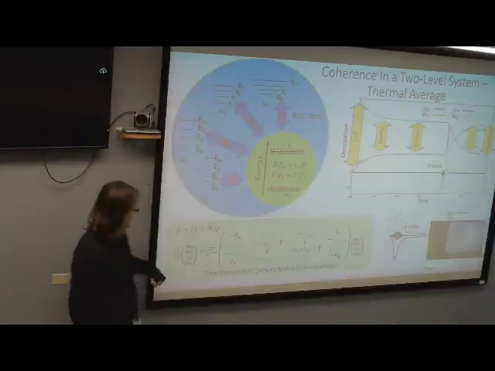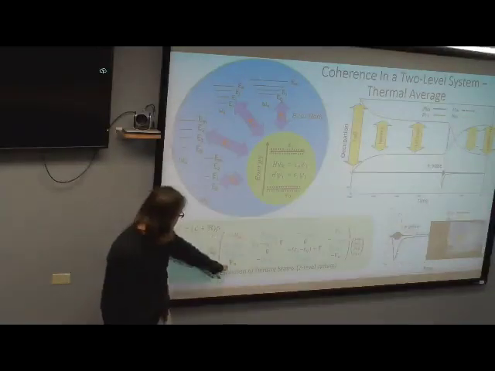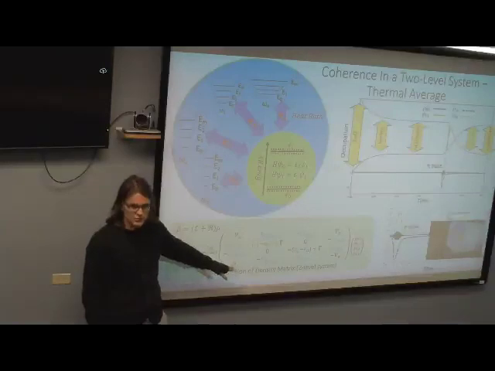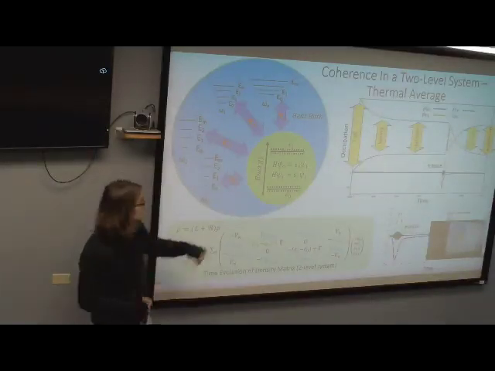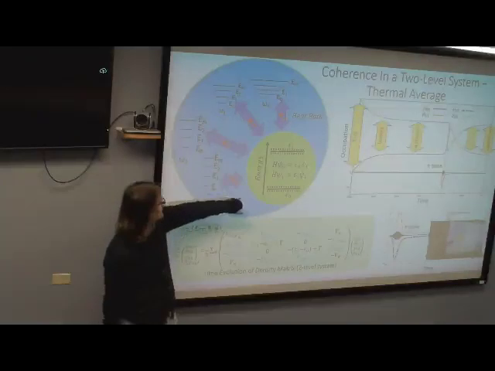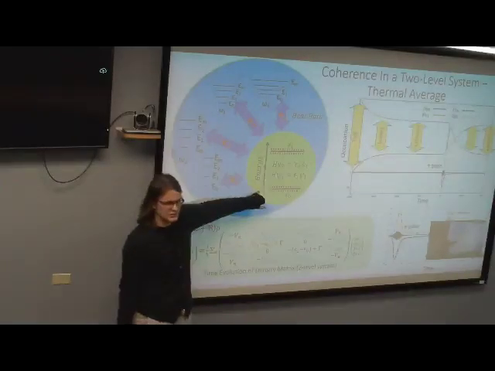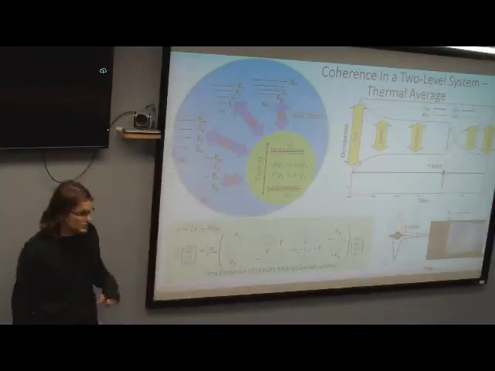But then you also have these potentials which change occupations due to thermal equilibrium, so that the temperature of the bath and the temperature of the electronic system, or the subsystem, are equal.